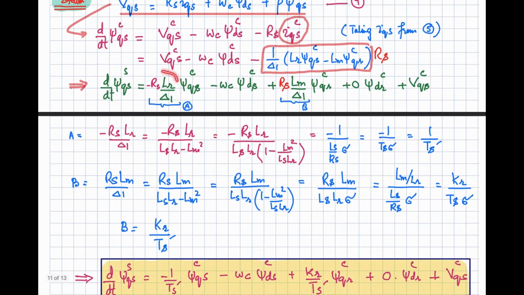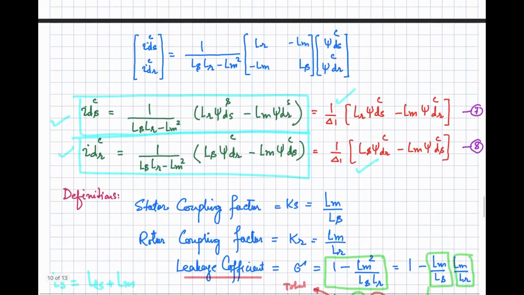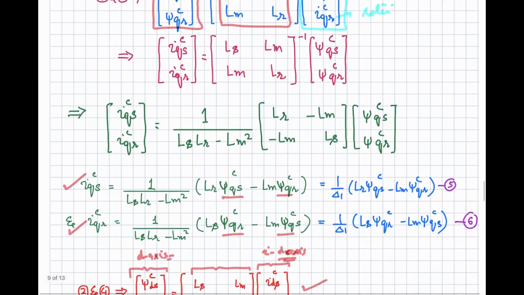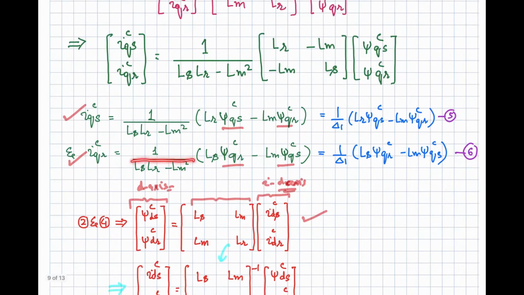Okay, now let's suppose that this is A. So now if I take this equation, A minus Rs Lr by lambda 1. What is this lambda 1 that we defined above? If you go back and look, this is basically Ls Lr minus Lm square. So lambda 1 is equal to Ls Lr minus Lm square.